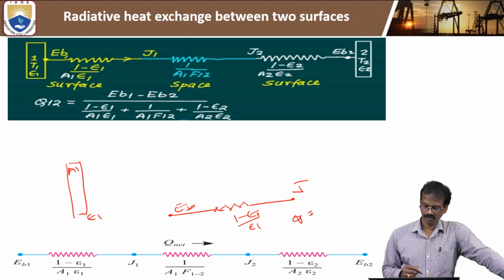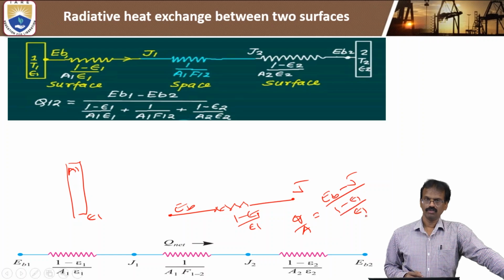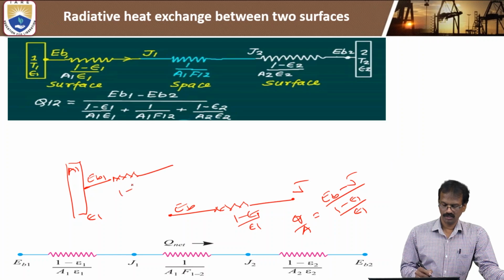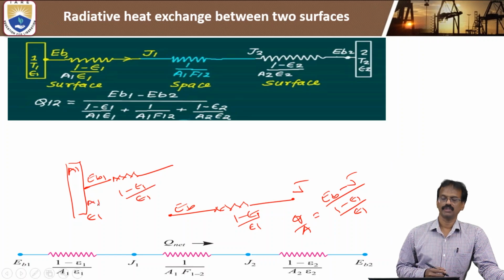The rate of heat transfer Q by A is equal to the emitting energy difference Eb minus J, divided by 1 minus epsilon 1 by epsilon 1. So for this first surface, it starts with emitting energy Eb1, then the surface thermal resistance, nothing but 1 minus epsilon 1 by epsilon 1. This is the area. Then it comes to J1, the radiosity of the first plate.